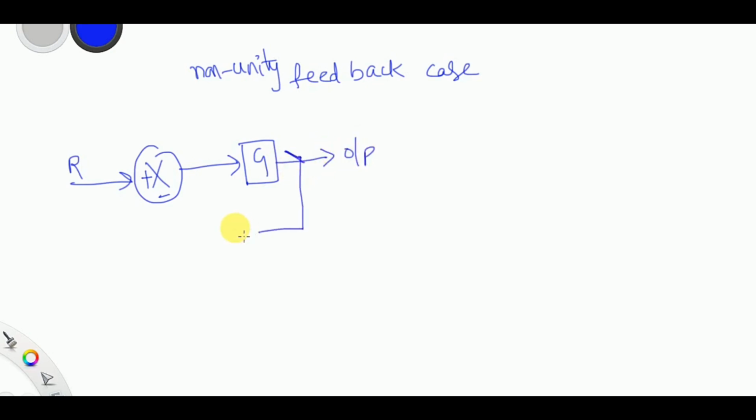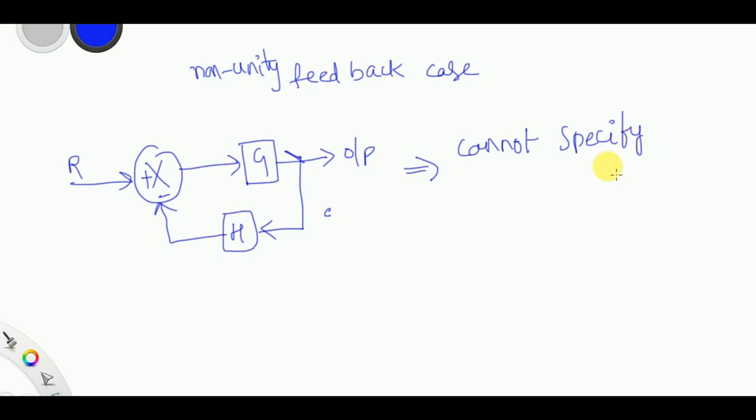Now here I am taking a feedback H. It is a simple block diagram. From this, you cannot specify the type number directly.